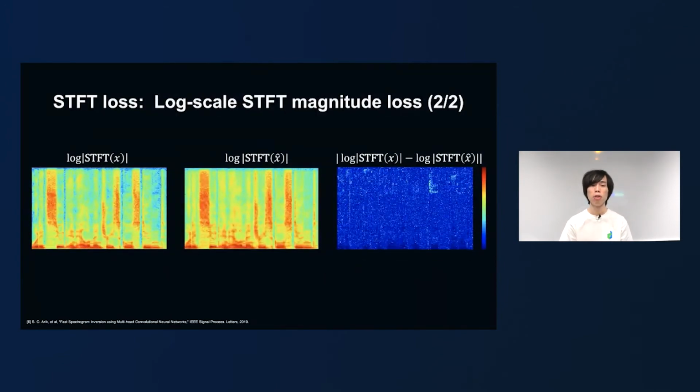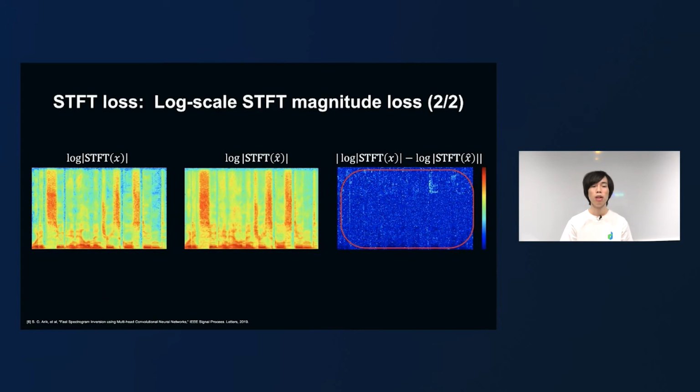The second loss function is called log scale STFT magnitude loss. The difference from the first loss is that it takes the log of STFT. From the left, the log STFT of natural speech, the log STFT of speech generated by the generator, and their difference are shown.